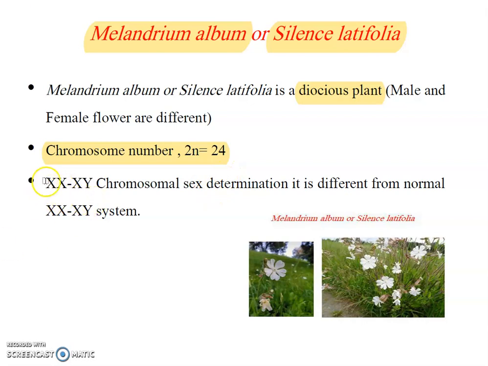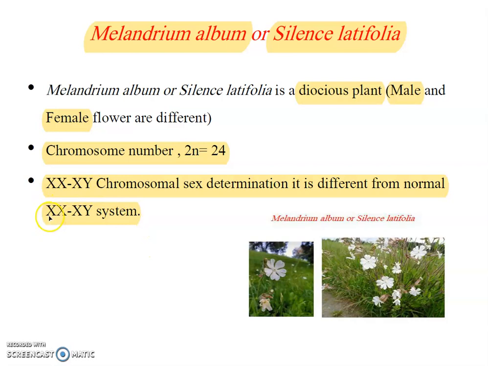XX, XY chromosomal sex determination, it is different from the normal XX, XY system. In Melandrium album, male and female flowers are produced differently, so there are X and Y chromosomes which play a very important role in the production of male flowers, female flowers or hermaphrodite flowers.